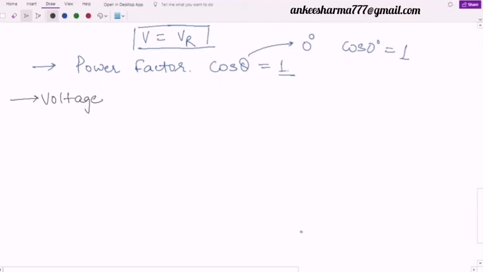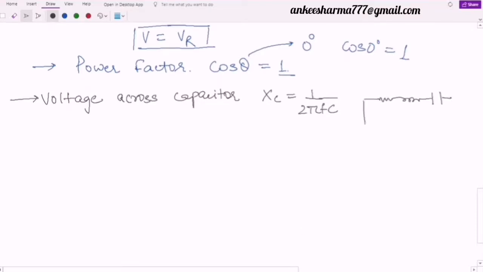Voltage across capacitor. Now we know the impedance provided by this capacitor is Xc, which is equal to 1 by 2 pi F C, that is nothing but 1 by omega C. And if I draw this diagram once again for you, we have here a resistor, then inductor and this capacitor.